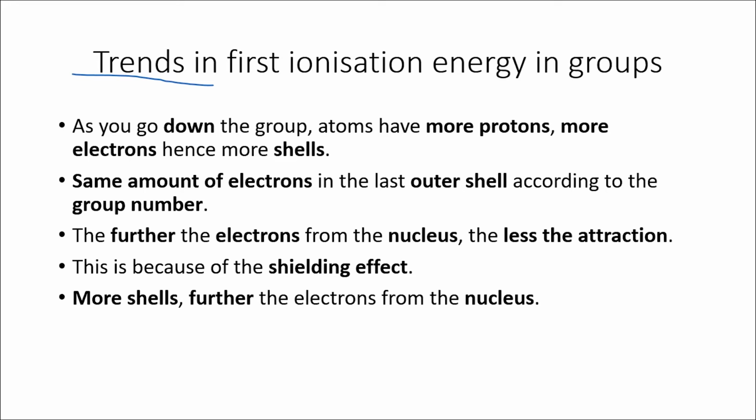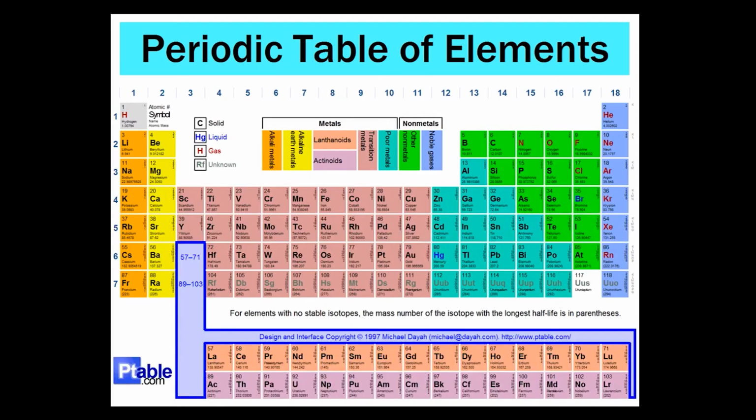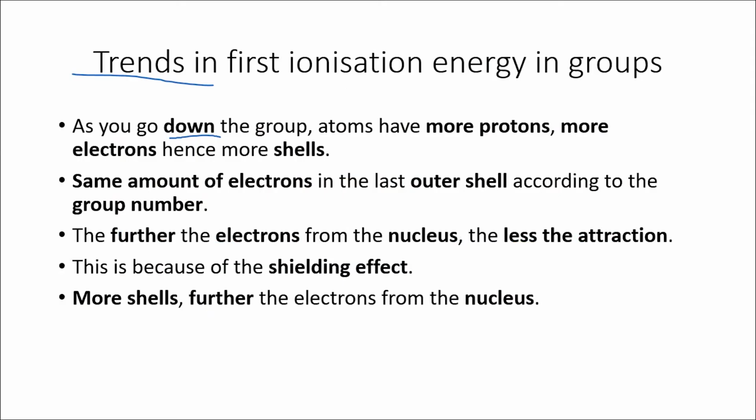As you go down the groups, atoms have more protons, and you know that protons equal the number of electrons, therefore more electrons, hence more shells to fit the electrons. It has the same amount of electrons in the outer shell according to the group number.